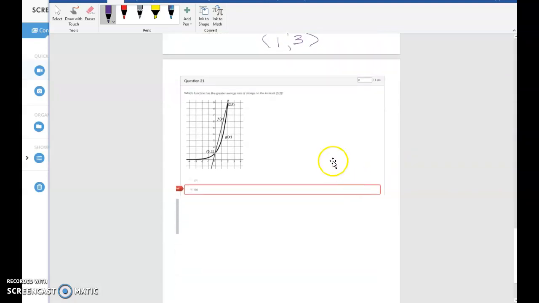So this one you're going to compare. So you're going to find the slope of f, and remember, it's average rate of change, y minus y over x minus x. So for f, you're still using 0, 1, and then 2. Let's see, on f it's 2, 9.